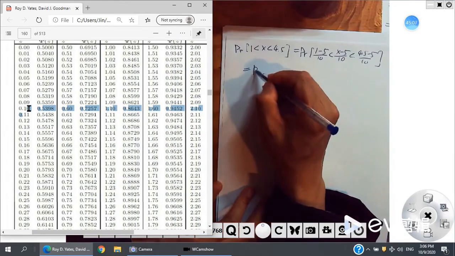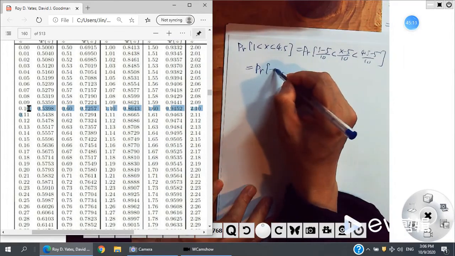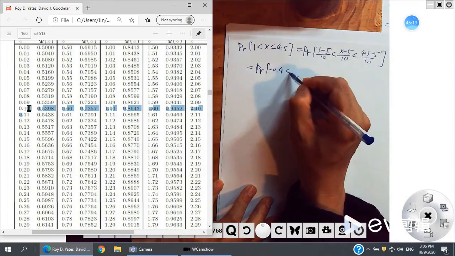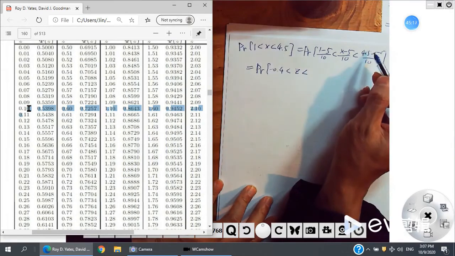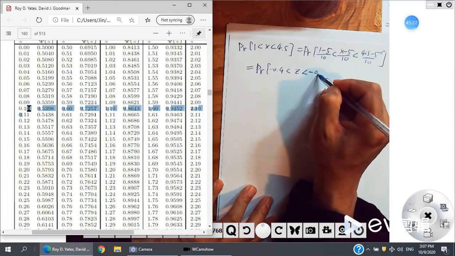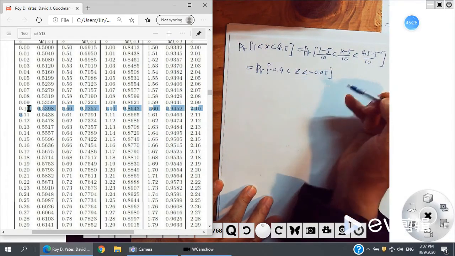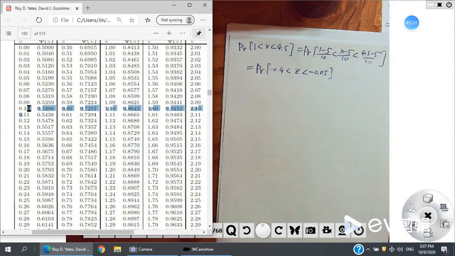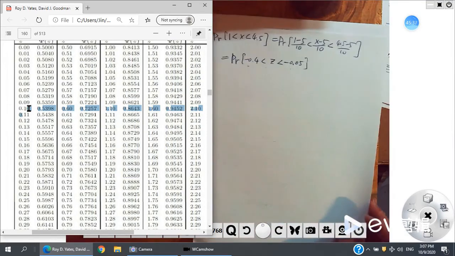This is the probability of -4/10 smaller than Z, and smaller than -0.5/10. Alright, this time both bounds of this interval are negative, right? I need two negative values. So the same, it is also similar.